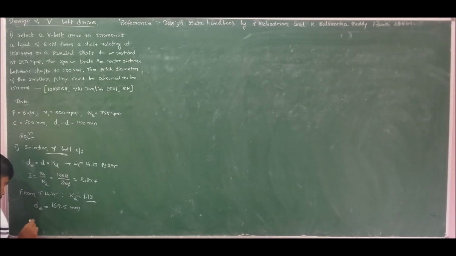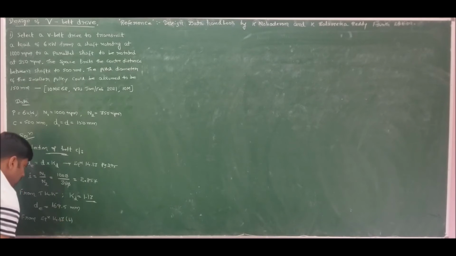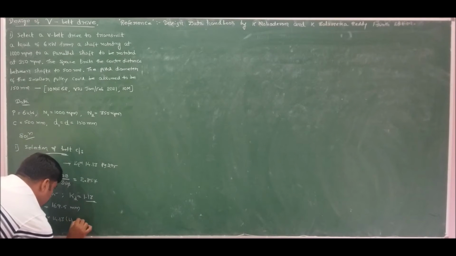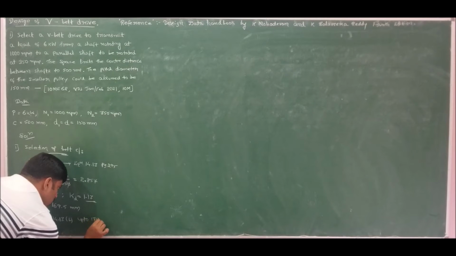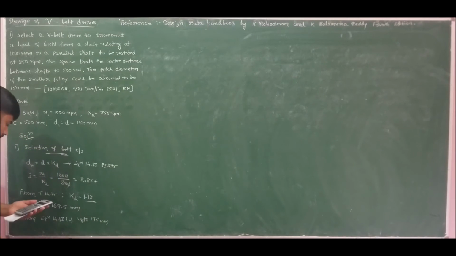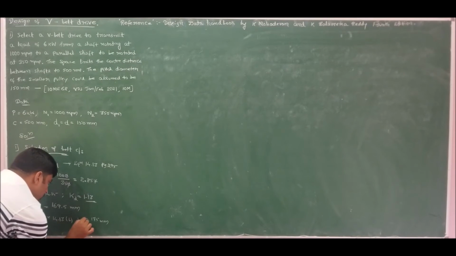So from equation 14.13b, for a diameter greater than 125 and up to 175 millimeters, I can adopt the B cross section belt.